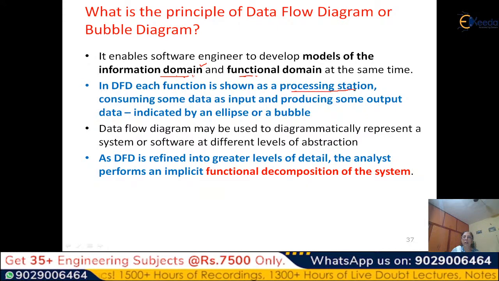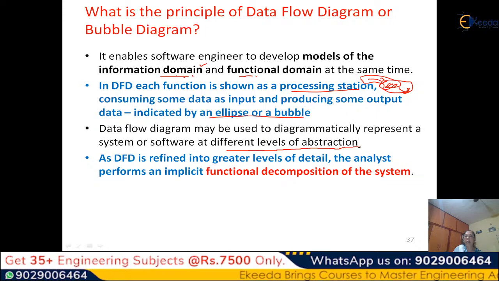That's why we use a bubble, a round or an ellipse, to denote a processing station. It will consume some data, which comes inside it, get processed here, and produce some data. So there is a data flow, indicated by an ellipse or a bubble. A data flow diagram may be used to diagrammatically represent systems at different levels of abstraction.